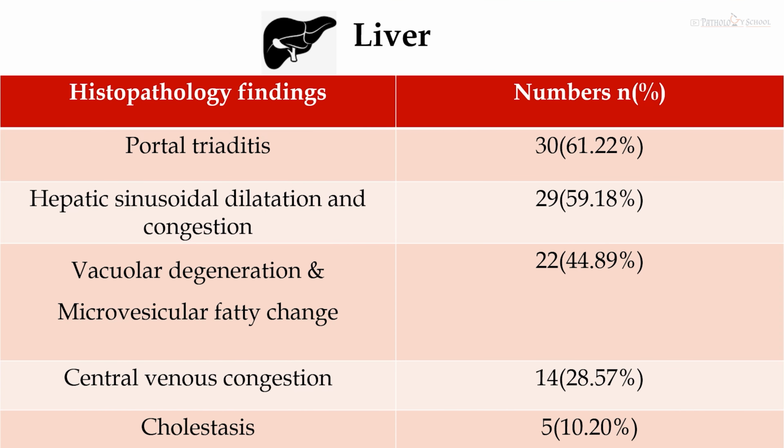The liver showed histopathological findings of portal triaditis in 30 patients, followed by sinusoidal dilatation and congestion in 29 patients. Vascular degeneration and microvascular fatty change was seen in 22 patients, followed by central venous congestion in 14 and cholestasis in 5.